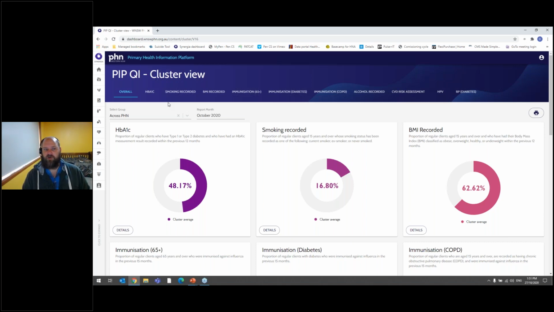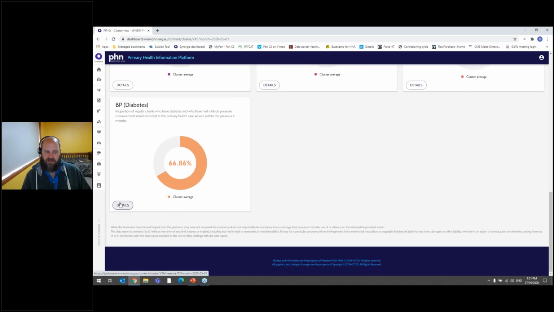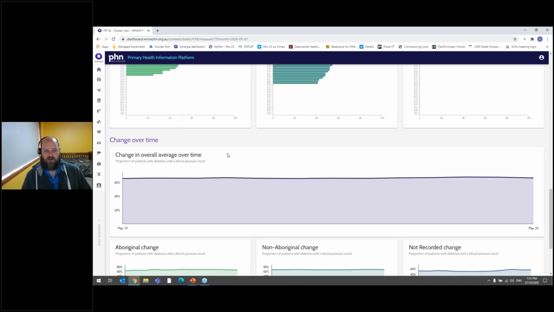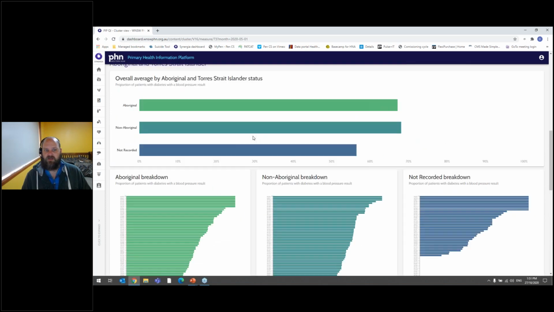So moving forward, as I said, potentially each practice can go backwards, look at any indicator, and potentially be going back up to 18 months ago and seeing how you progressed over time with your indicators.